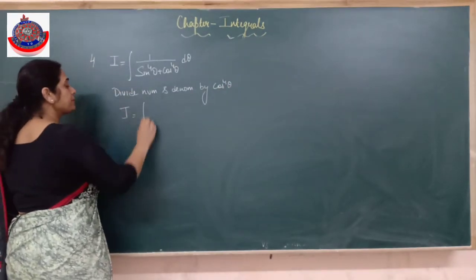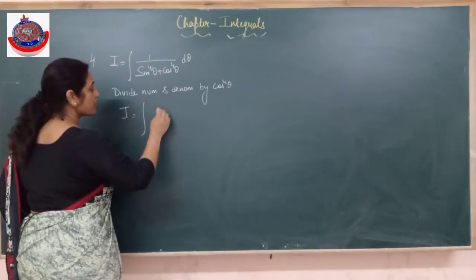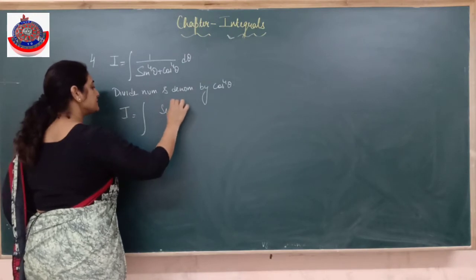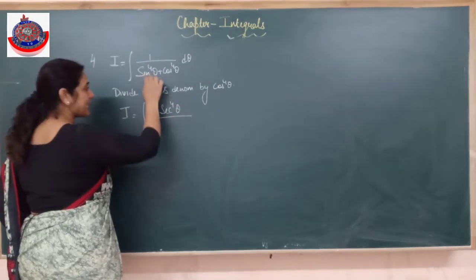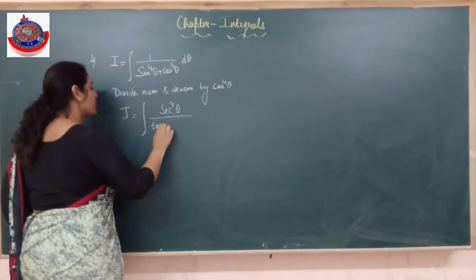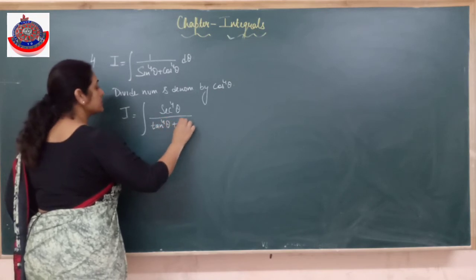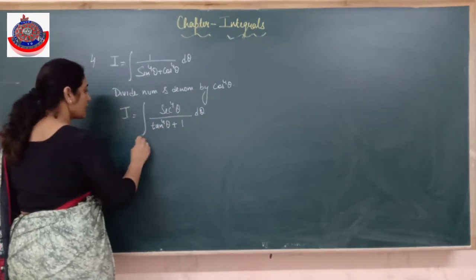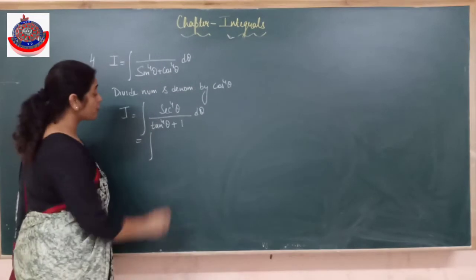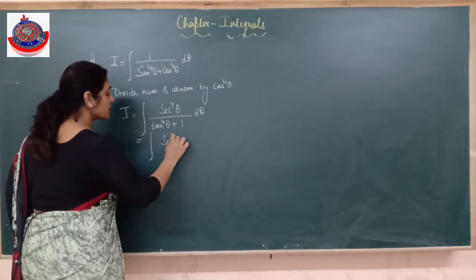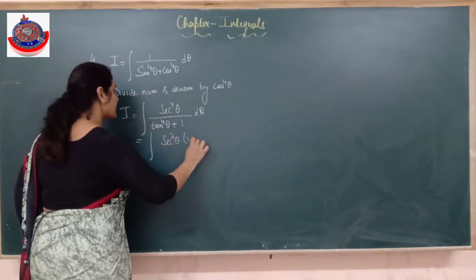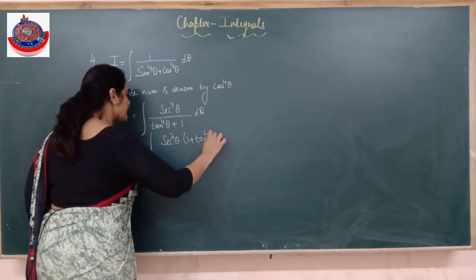So it has become 1/cos⁴ will become secant⁴, sine upon cos will be tan⁴ and 1. I can write this secant⁴ as secant² theta into secant square, and 1 secant² I am writing as 1 plus tan² theta.